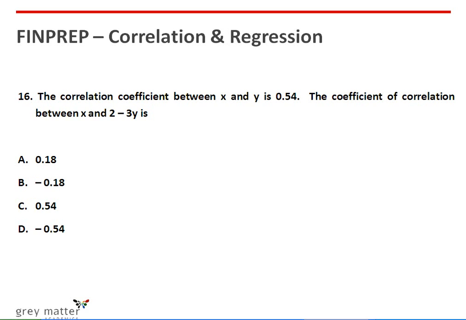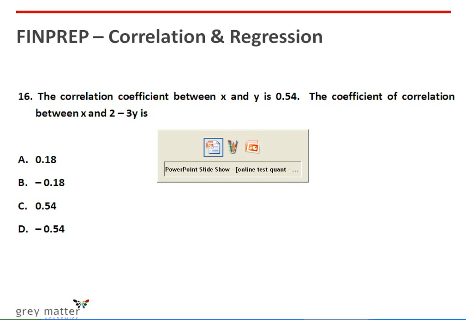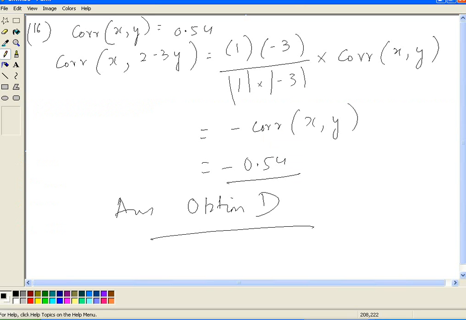16th question, the correlation coefficient between x and y is given to be 0.54. The coefficient of correlation between x and 2 minus 3y. Going to our work area, correlation of x comma y is given to be 0.54.